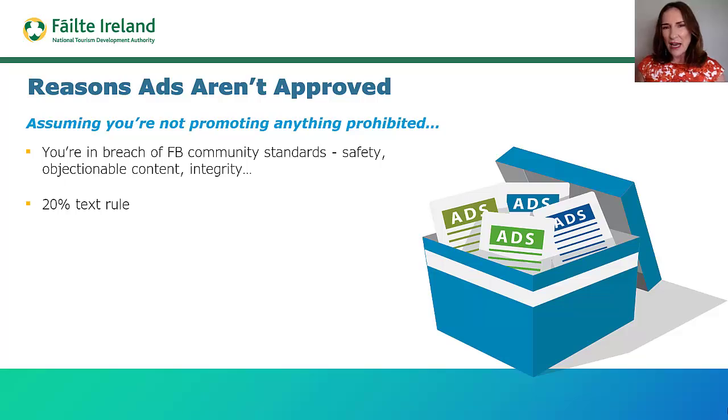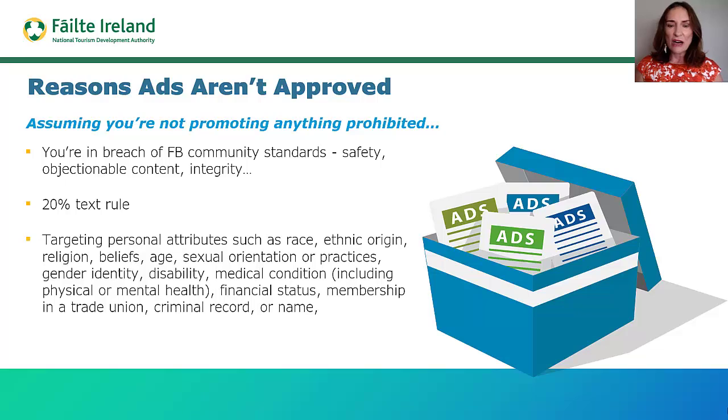This is a common one. If you're targeting along personal attributes such as race, ethnicity, origin, body shape, for example, they will actually block your ad. So, for example, you cannot target ads at people who you know are Jewish. You have to be a little bit more subtle in your creative to show people that you're not directly targeting them.